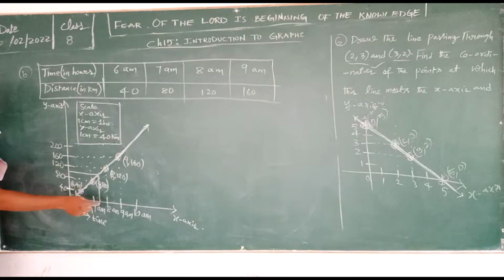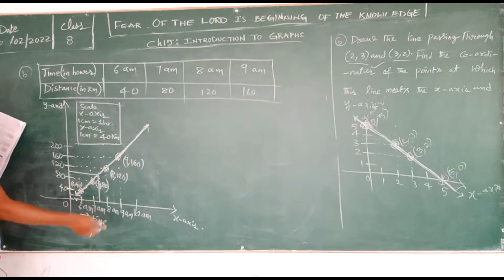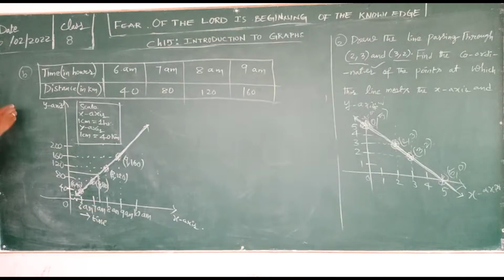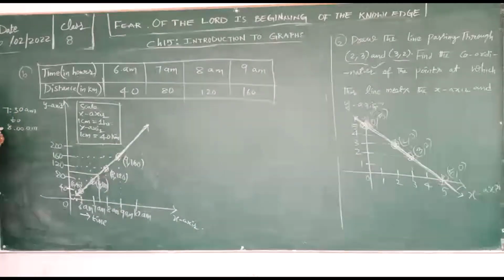So they asked for us 7:30 a.m. to 8 a.m. In 1 hour he is traveling 40 kilometers. Then for half an hour, this 7:30 to 8 a.m., how much distance will he travel?